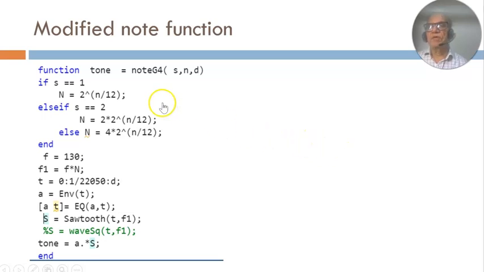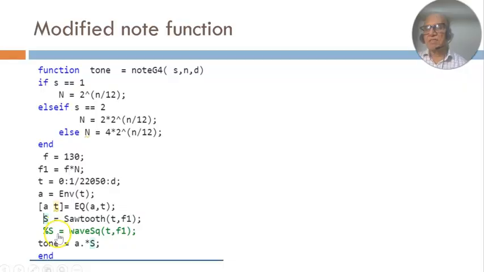Now we modify the note function. Remember, in our earlier functions we had simply used sine wave for generating the waveform. Now we can use either sawtooth or square wave. See, if I don't want square, I'll just put it in the comments, that is percentage, so I'll get sawtooth.